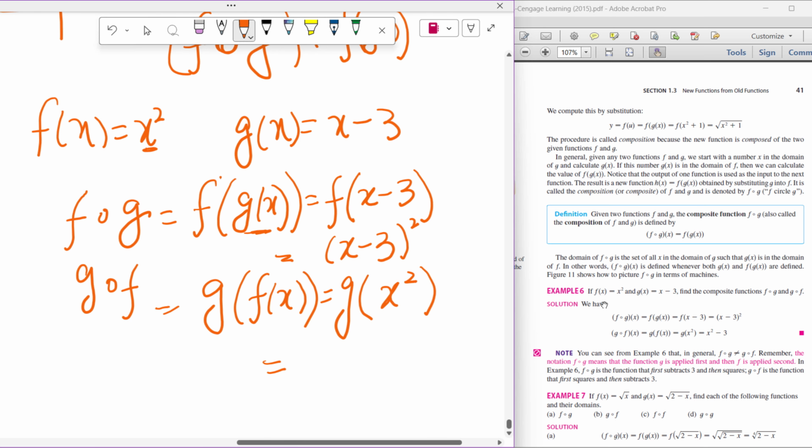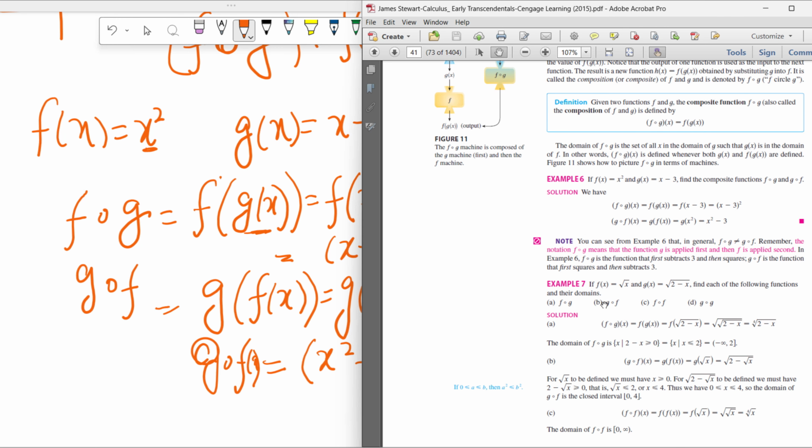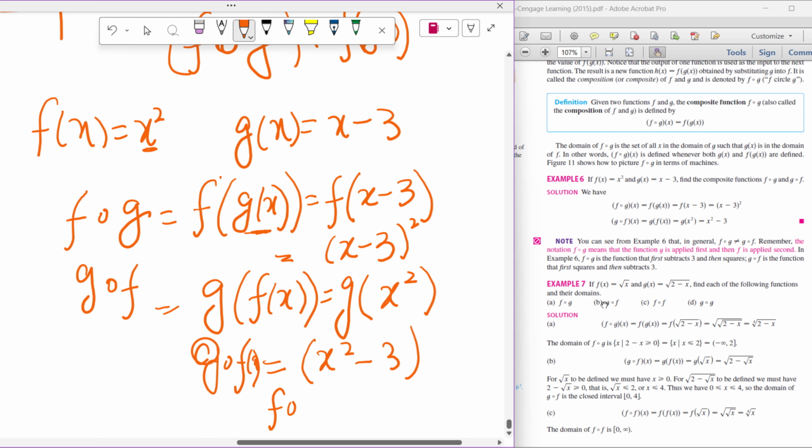Now put it in g of x, and instead of x put x squared, so it will be equal to x squared minus 3. So this is the value of g of f. Always remember that f of g will not be equal to g of f.